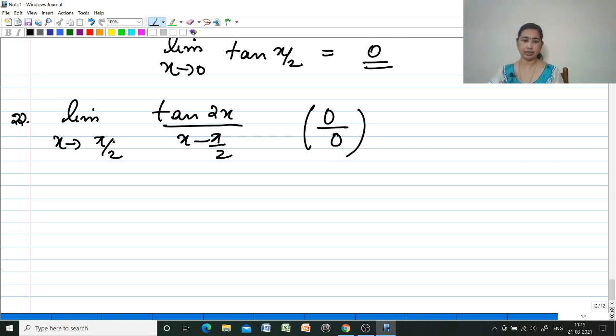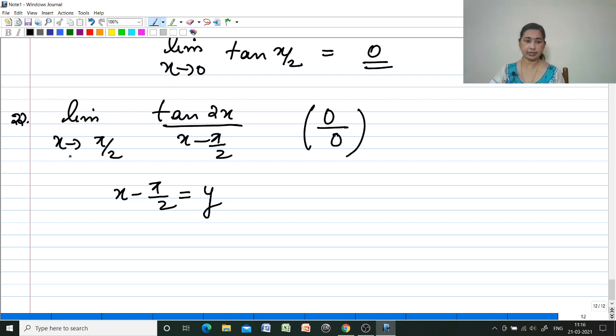So I am giving here a substitution, that is we can give substitution as x minus pi by 2, here it is x minus pi by 2, let us give it as y.